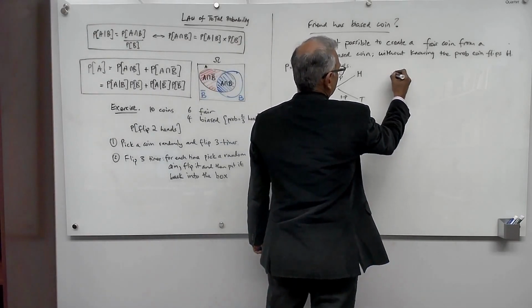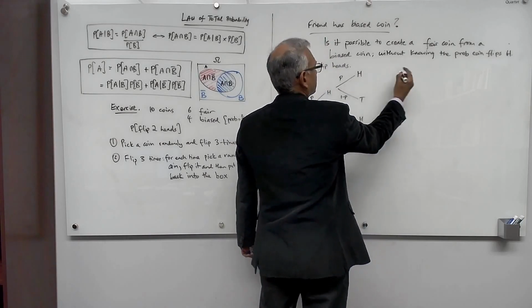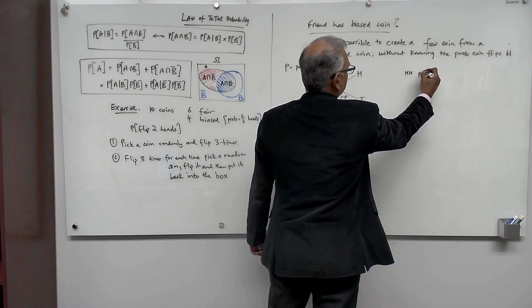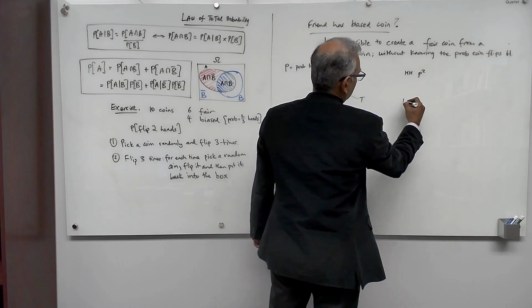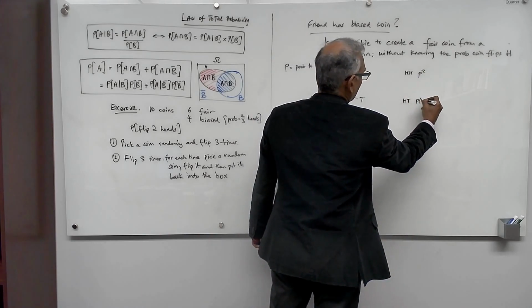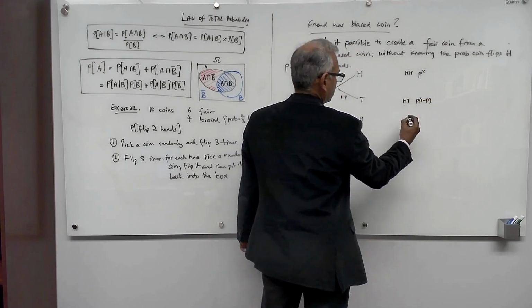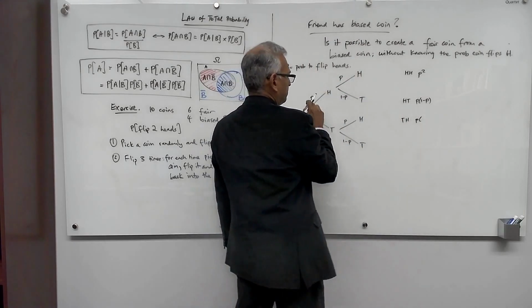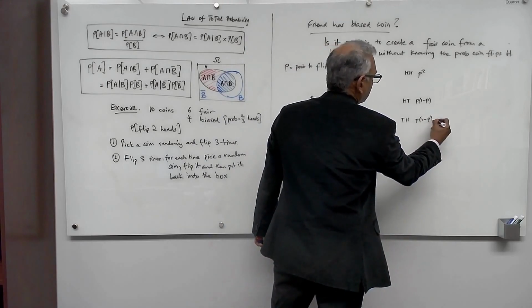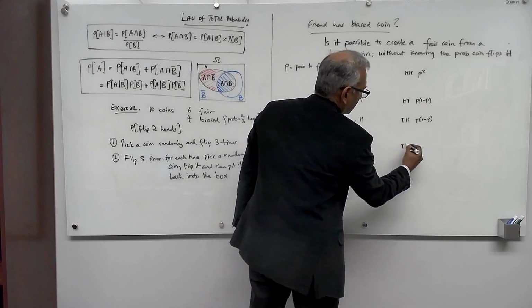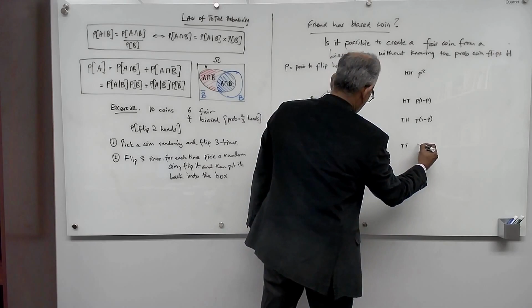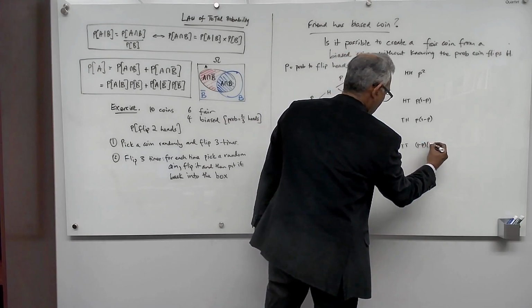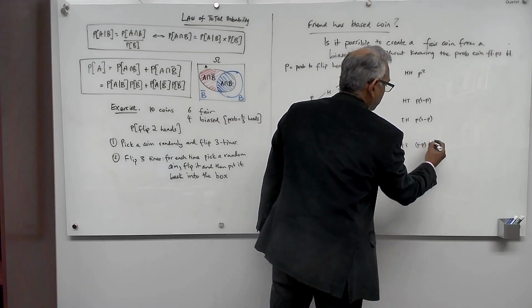The outcome is heads, heads with probability P squared; heads, tails with probability P times 1 minus P; tails, heads with probability 1 minus P times P; and here you get tails, tails with probability 1 minus P squared.